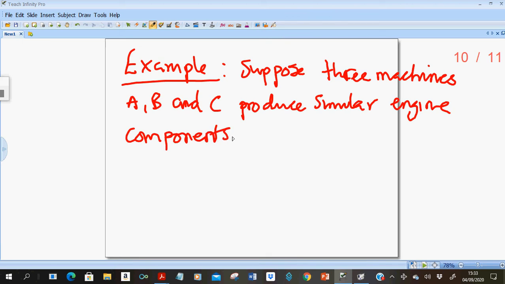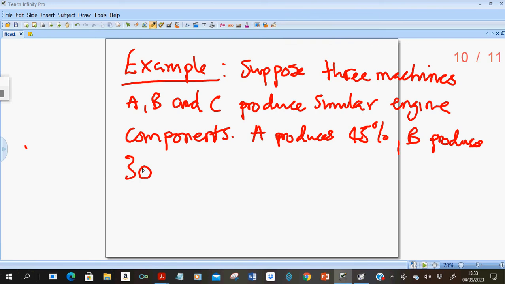Machine A produces 45% of the components, then machine B produces 30%, and machine C produces 25%.